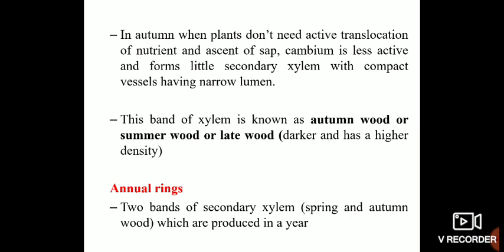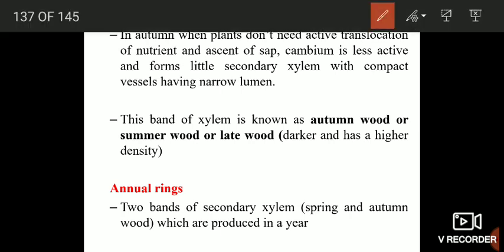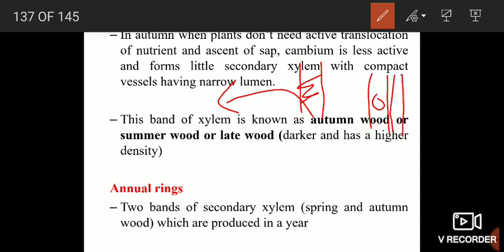Okay, this necessitates the plant to produce a narrow region of xylem which is known as autumn wood. Okay, and in this autumn wood you will find the individual vessels possess a narrow lumen. They are compactly placed, the individual vessels are compactly placed and they possess a narrow lumen.